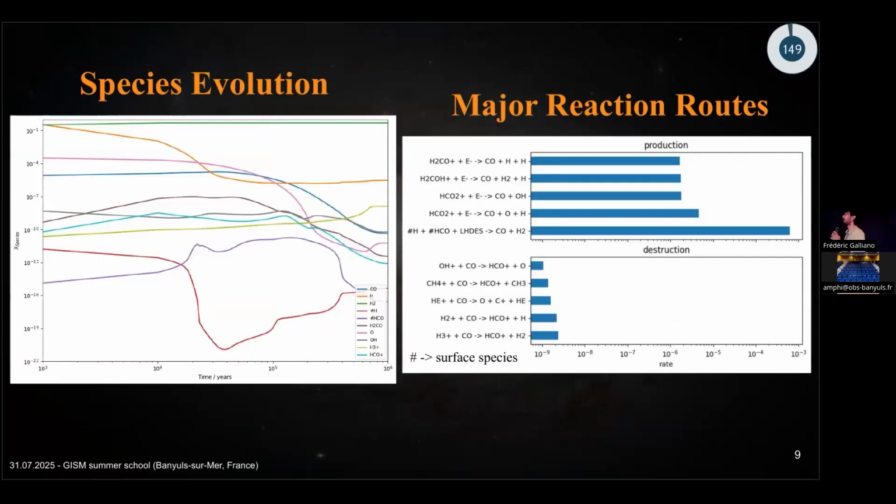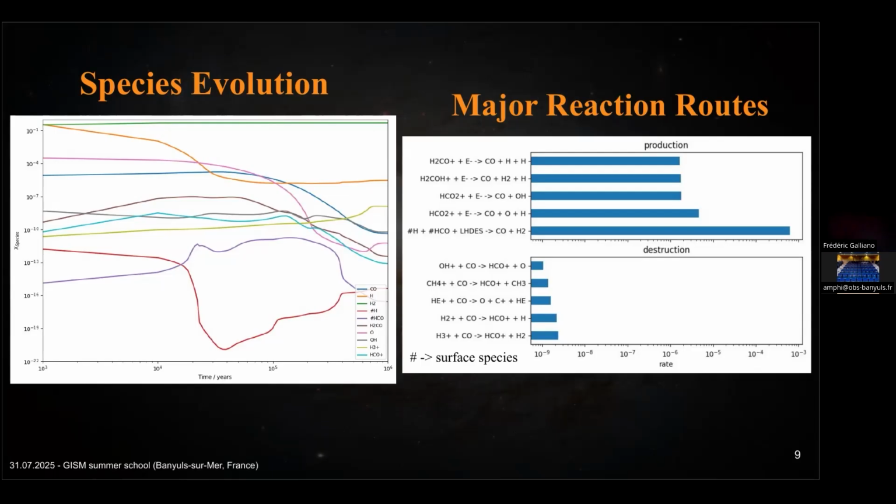The second thing that is interesting with this code is that it enables us to trace the major reaction routes that involve the production and the destruction of CO. We see the production of CO is majorly affected by the reaction of H and HCO on the surface of the ice mantle, which is the formation of CO. And destruction of CO comes mostly from its reaction with H3+.